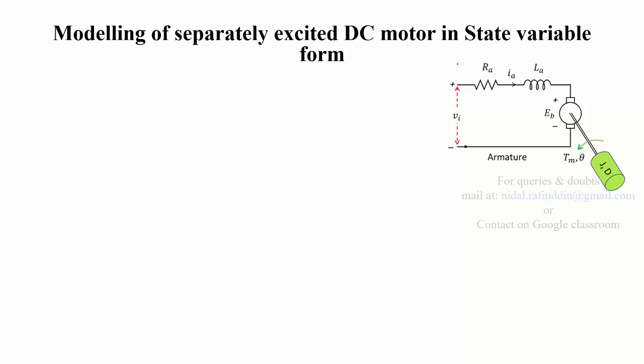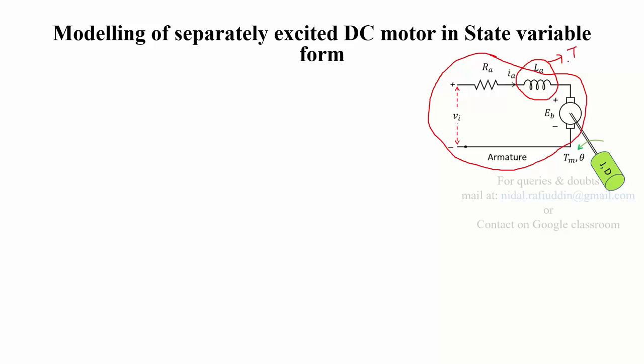You will always get the order of the differential equation in an electrical network equal to the number of energy storing elements. In this circuit you have one energy storing element, which is an inductor, and thus this will give you a state variable. And in what form? We choose for the inductor the state variable IL.